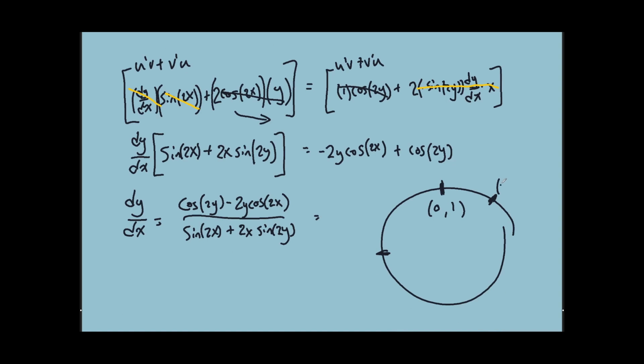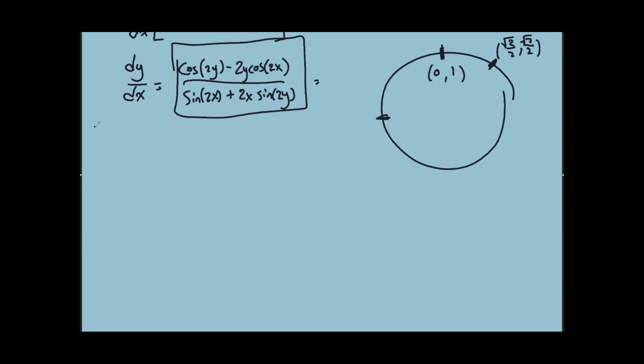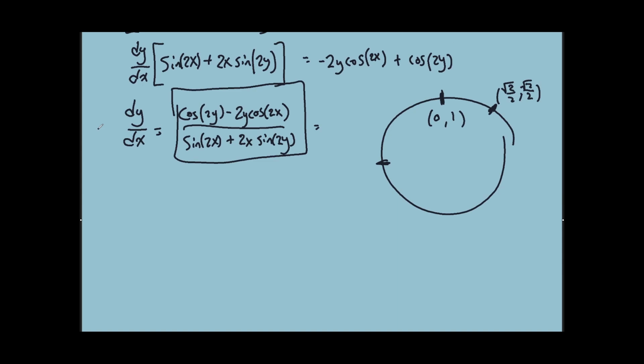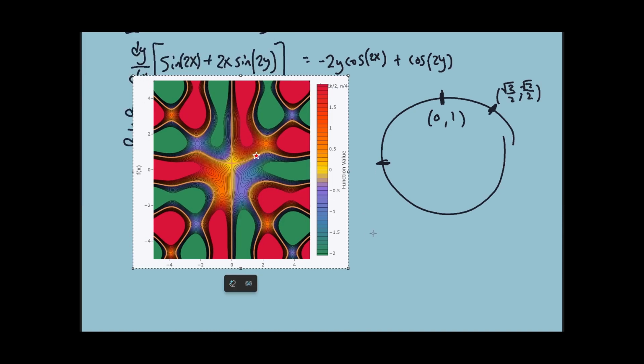And that's at, if I remember right, root 2 over 2, root 2 over 2. In case we need to know the sines and cosines of those, because we got a lot going on here. So here's our slope. That's a formula for any slope for any x and y. And remember what that really can produce. I mean, look at this thing. You don't know where we are at the moment, really.